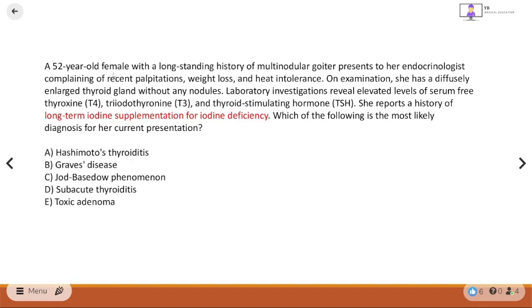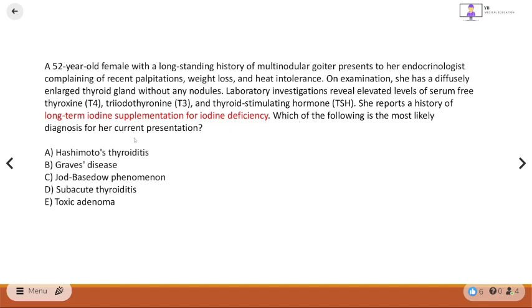So a 52-year-old female with a long-standing history of multinodular goiter presents to her endocrinologist complaining of recent palpitations, weight loss, and heat intolerance. So she complains of hyperthyroidism. On examination, she has a diffusely enlarged thyroid gland without any nodules. Laboratory investigation reveals elevated levels of serum free T4, T3, and TSH. She reports a history of long-term iodine supplementation for iodine deficiency.